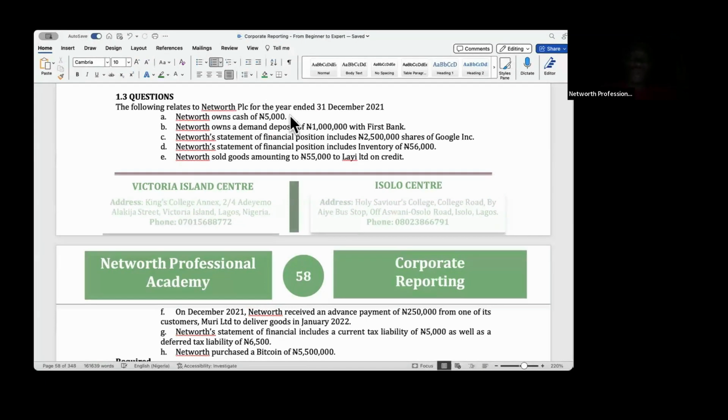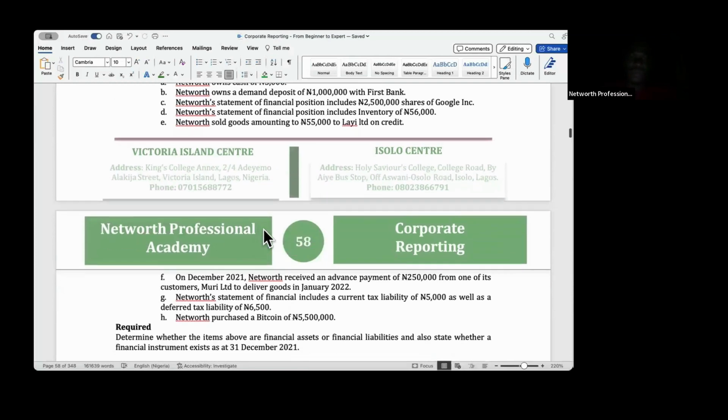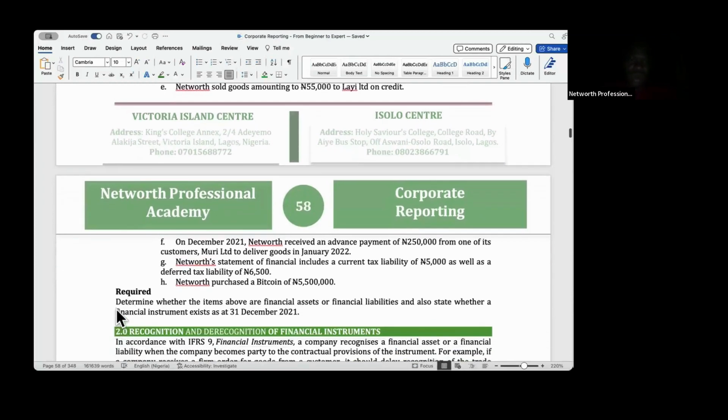So what does this question want us to do? They said the following relates to Net Worth PLC for the year ended 31st December 2021. So they gave us transactions of Net Worth. Let me go to the requirement straight away. We are required to determine whether the items above are financial assets or financial liabilities.